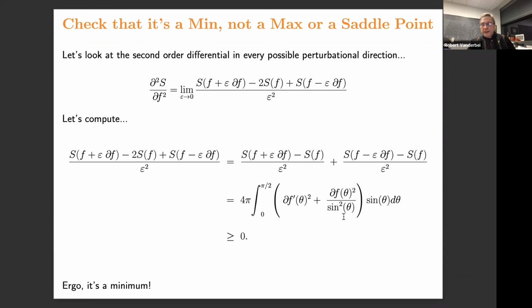These are all non-negative things. And between 0 and pi over 2, sine of theta is non-negative. Everything in here, 4 pi is non-negative. Everything here is non-negative. This is greater than or equal to 0, no matter what you choose for your perturbation function delta f. Therefore, we really did find a minimum.